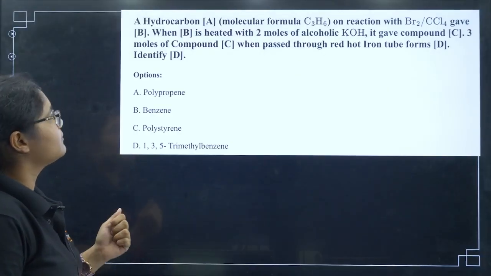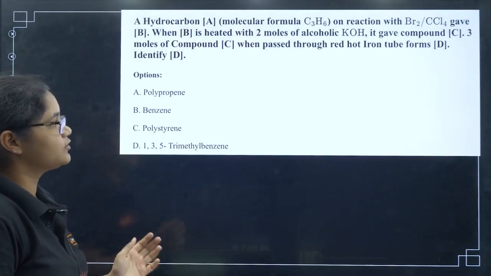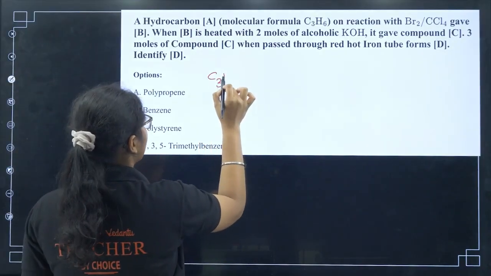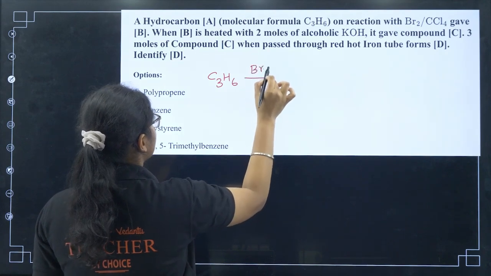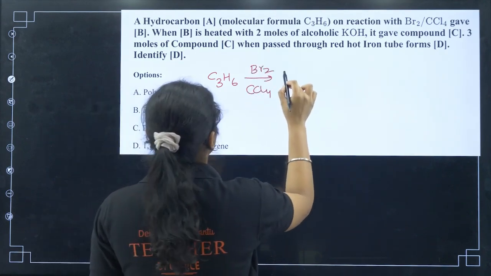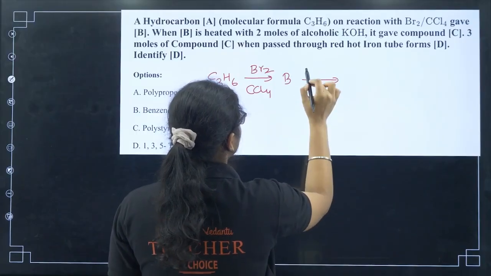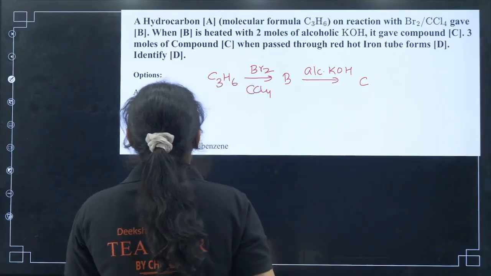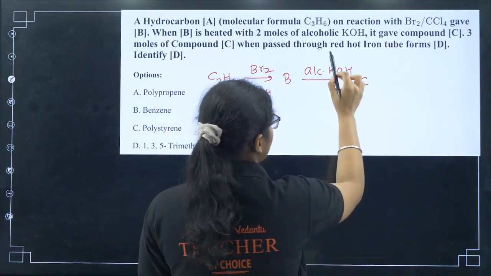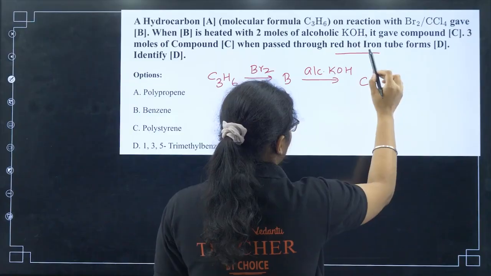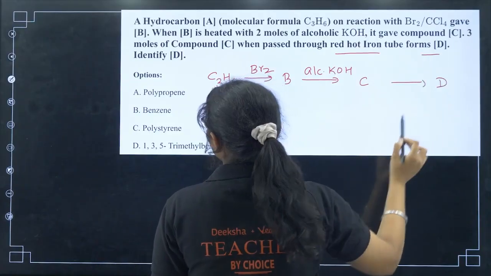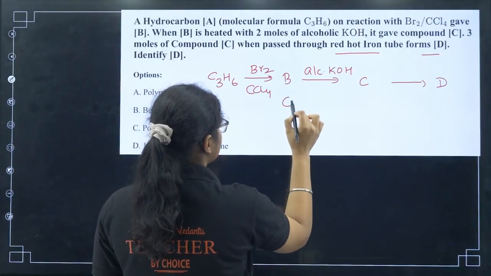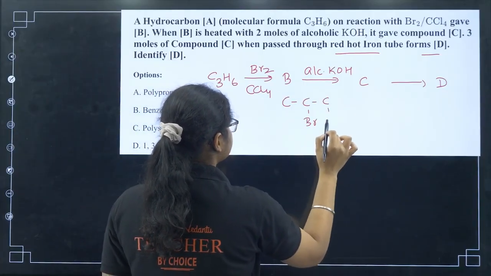Next, hydrocarbon A with molecular formula C3H6 on reaction with Br2 in CCl4 gives B. When B is heated with 2 moles of alcoholic KOH, it gives a compound C. Now 3 moles of compound C when passed through a red hot iron tube form D. Identify D. C3H6 with Br2 will give 2 Br added.